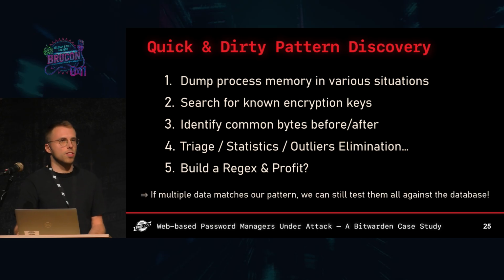And what's interesting to notice is that if you are able with the regex to match, let's say not 1 million, but a few hundreds of potential encryption keys, you can still brute force the encrypted database with it. It will be done offline, so the regex does not have to match exactly the encryption key. You can get a few outliers, and eventually it should work.